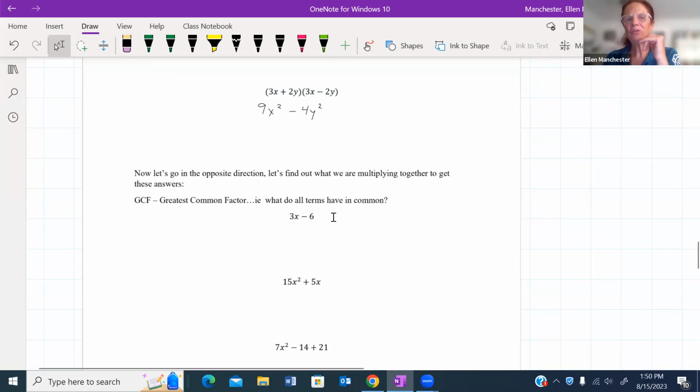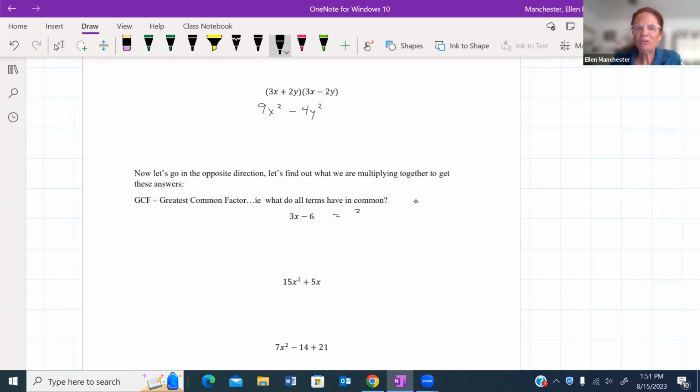We're going to find what did we multiply together to get 3x minus 6. And this is called factoring. This is the first technique in factoring, where you're looking at it and you're going, all right, what do all terms have in common? So with this one, there's a 3 that I can divide out of both of these. 3 can be divided by 3, and 6 can be divided by 3.